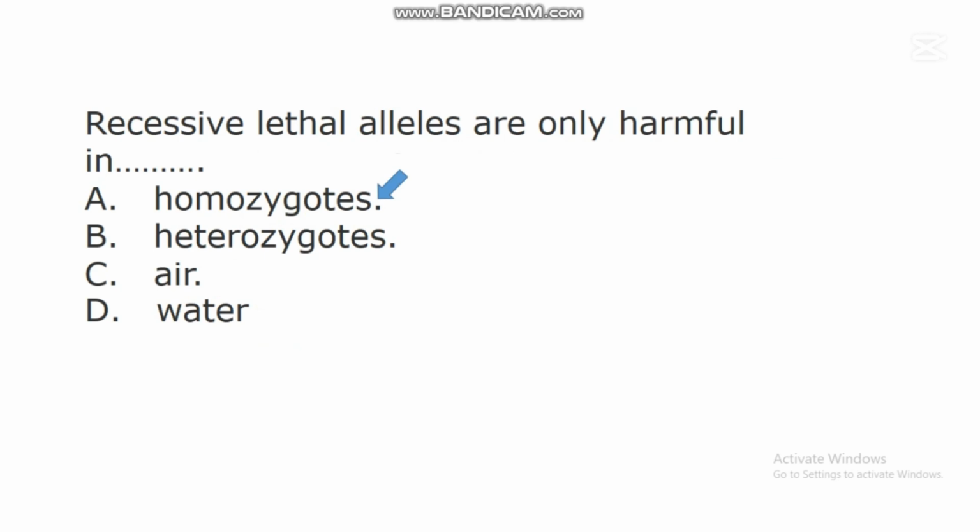Homozygotes are organisms that have two copies of these recessive alleles, and studies have shown that when an individual has two recessive alleles, this can cause the death of that organism. They are very harmful in such a way that they can cause the death of that organism. So recessive lethal alleles are only harmful in homozygote organisms.